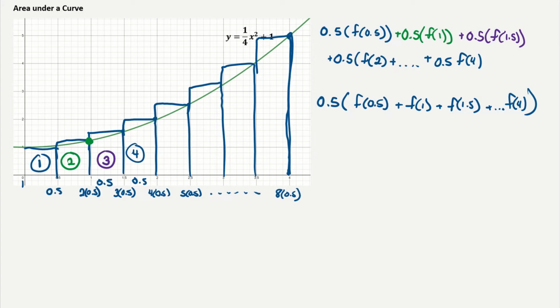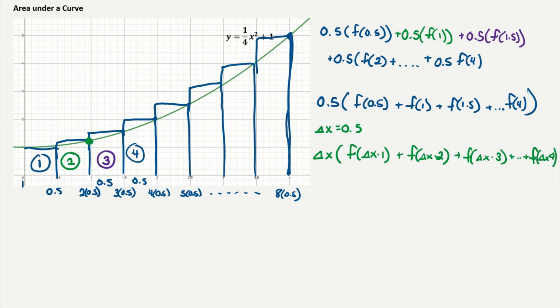So we've already been calling that 0.5 the change of x. I'm going to go back to that, and we're going to say change of x is equal to 0.5. So then this becomes change of x times f of change of x times 1, plus f of change of x times 2, plus f of change of x times 3, and so on, plus f of change of x times 4.